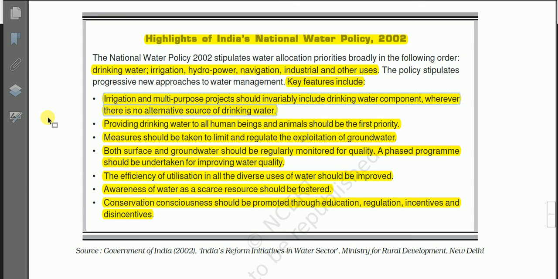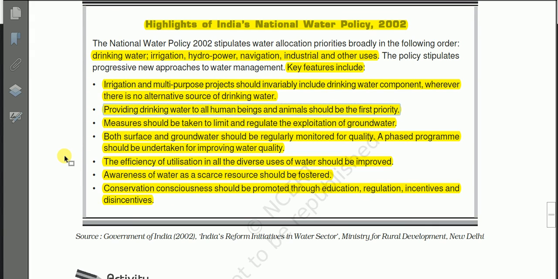So this is the first point. Then the second one, providing drinking water to all human beings and animals should be the first priority, the top priority.